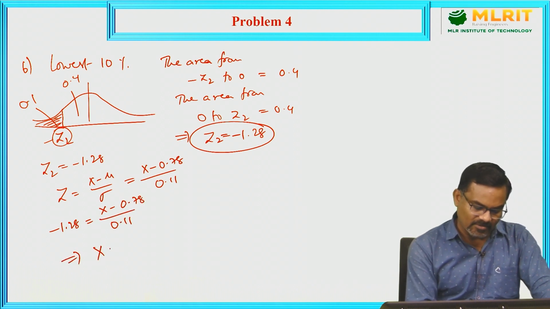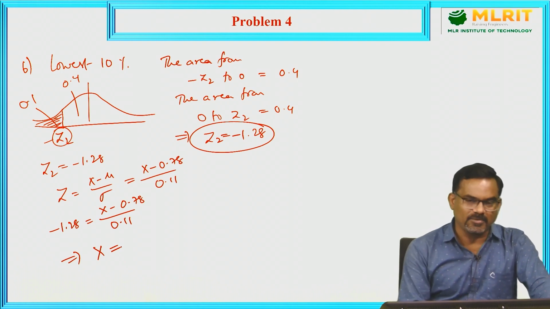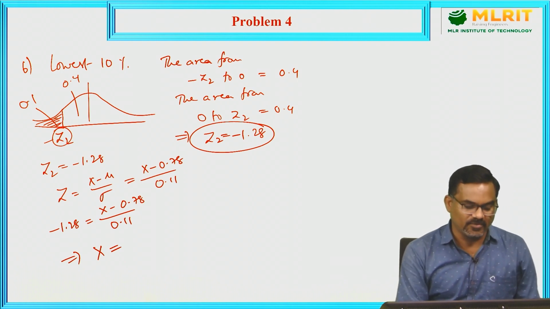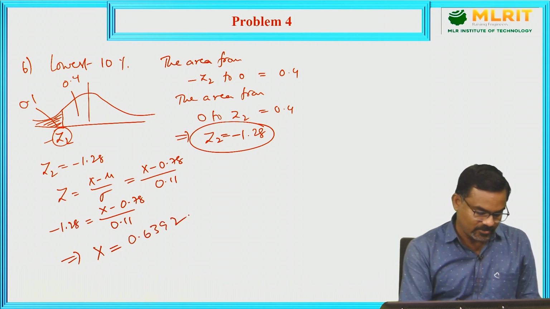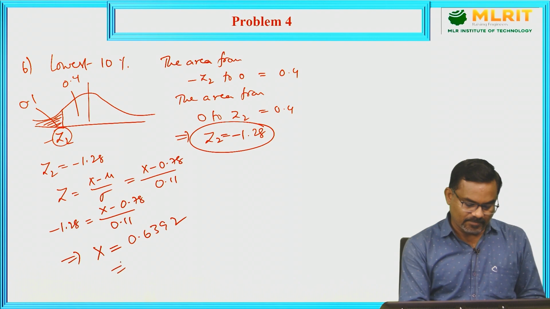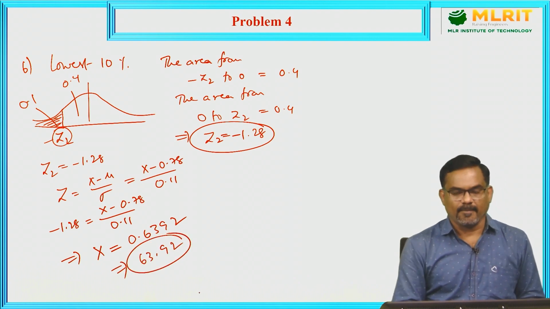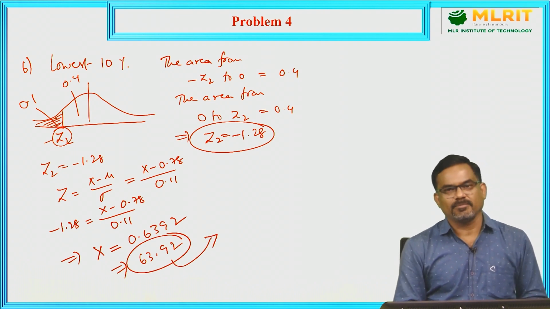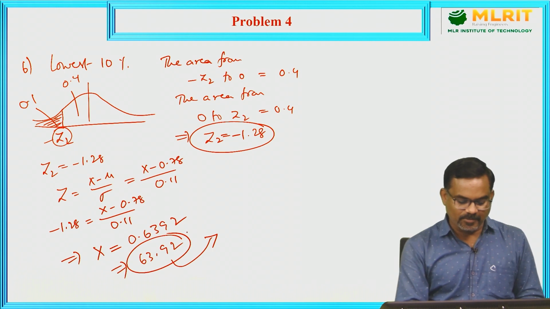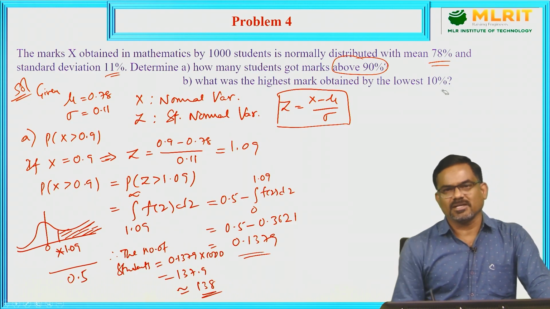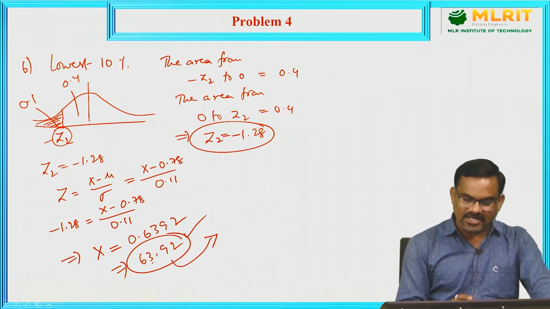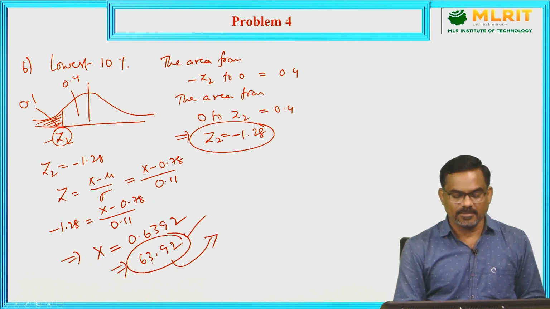If z is minus 1.28, what is the value of x? That we need to calculate. So this x will be 0.6392, that implies 63.92 is the maximum mark obtained by the lowest 10% of the students. This is the highest mark obtained by the lowest 10% of students.